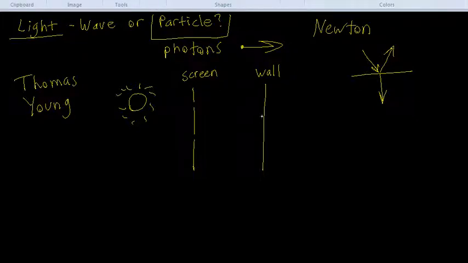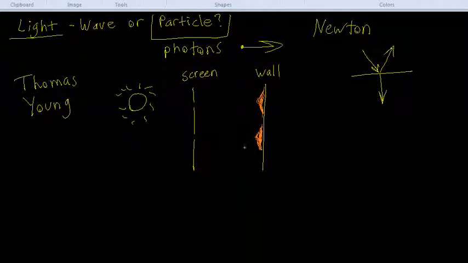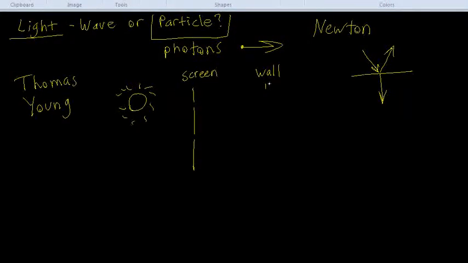And to his amazement, instead of seeing a bright spot here that eventually faded away, and a bright spot here that faded away, as you might expect in the ray optics or particle case, he saw something entirely different. I'm going to have to redraw my wall now.